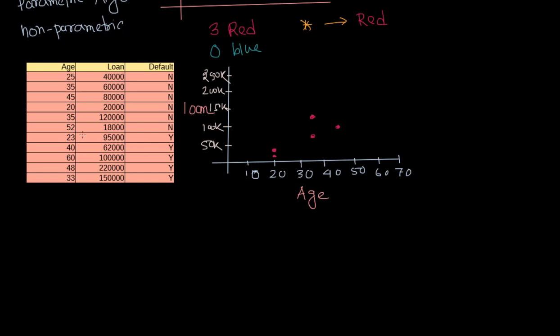Now again for 52 it is 18k, so that means for 52 it will be nearly here. So all my red points are done, and if I plot the blue points now, 23 will be 95k, so almost over here, right? Now 40 will be 62k, so nearly about here, right? 35 we have 60k, somewhere over here.